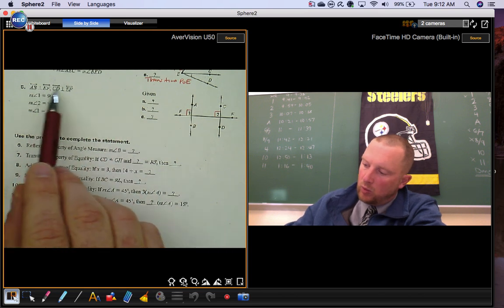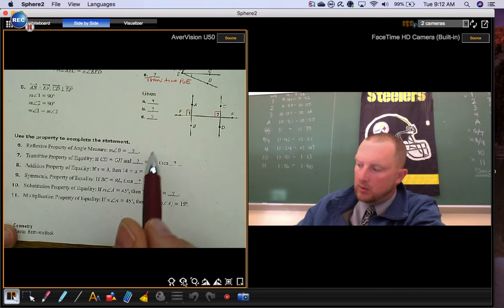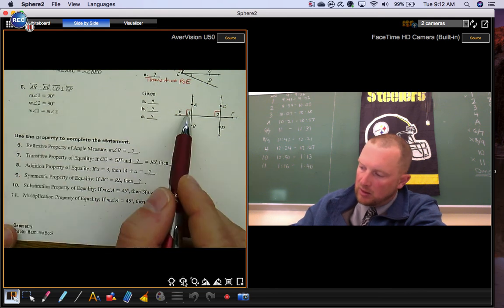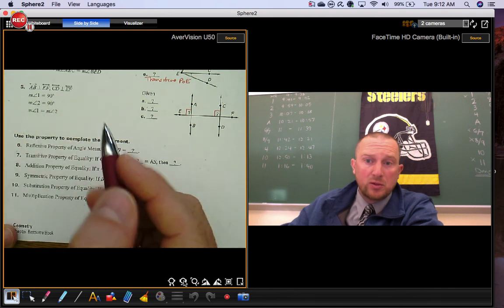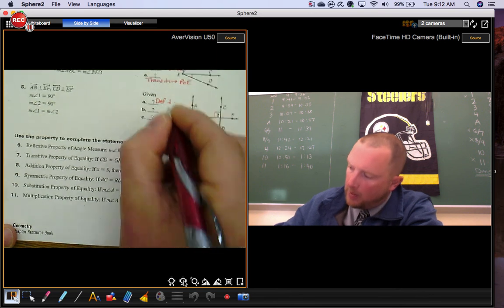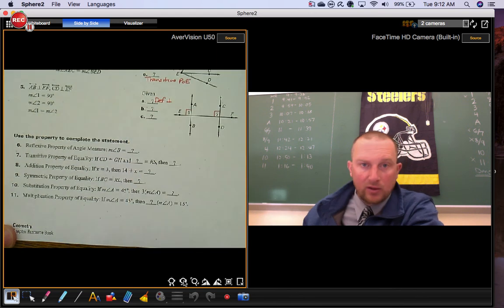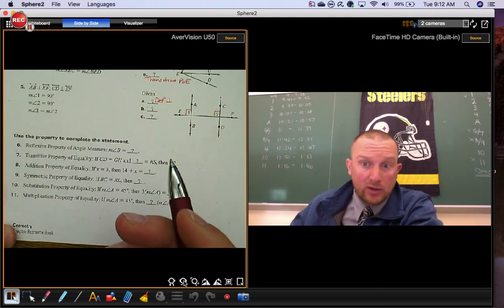Now, what does that mean if two lines are perpendicular? That's going to mean that these angles here, where the lines cross, are going to be 90. And that's what they tell you. So you know that by definition of perpendicular. Perpendicular means you get right angles there, or 90-degree angles, I should say.